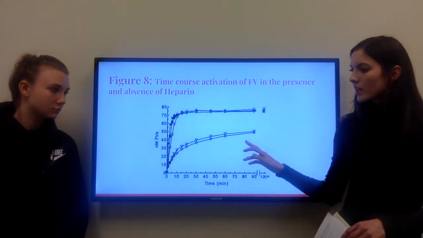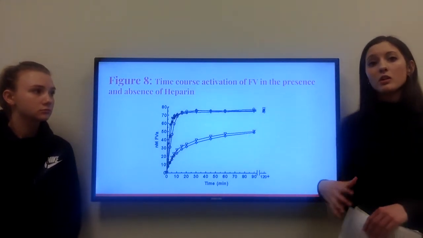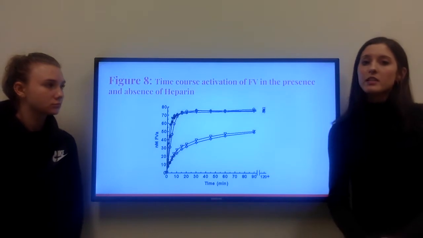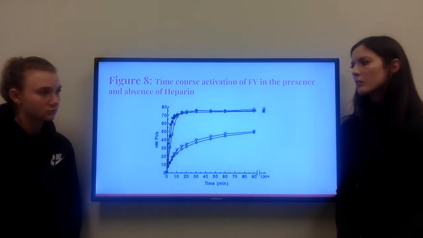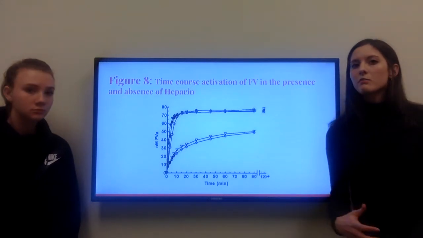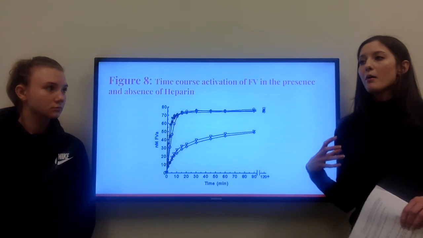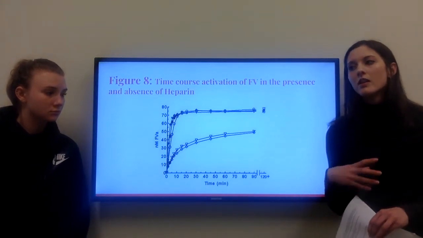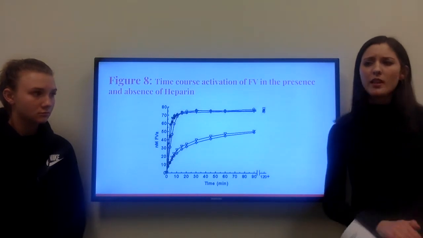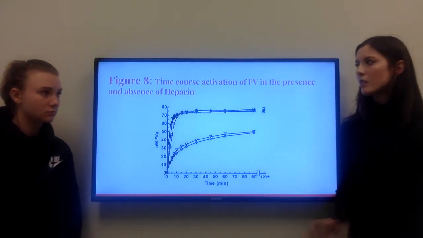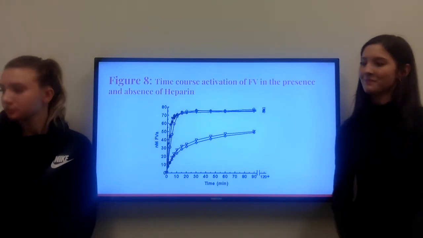So when it's absent, they actually had a very low activation. So this kind of suggested to them that they want to do more studies to see how heparin is affecting exosite 2 on thrombin, because they propose that the heparin might actually be causing a conformational change in exosite 2, which is causing a higher likelihood of that coagulation pathway rather than that anticoagulation pathway as is known for heparin. So that's kind of what they intend to do from here on out with the heparin studies.